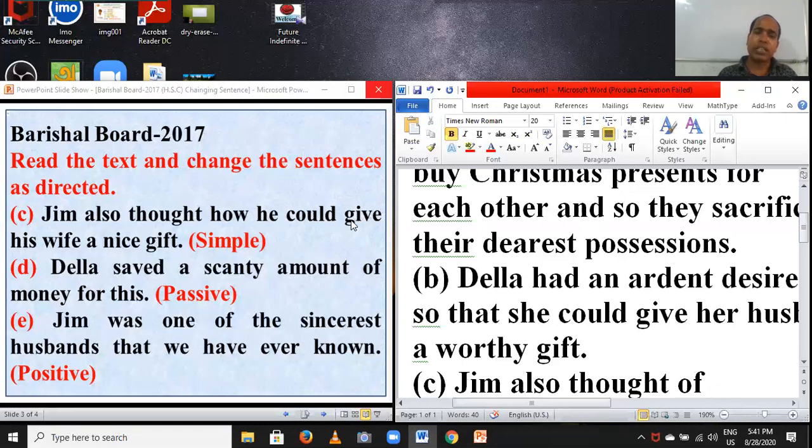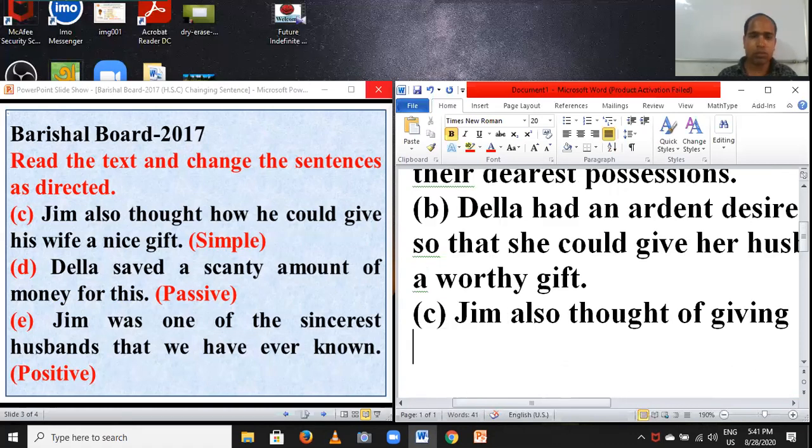Then write the next part of this sentence: "his wife a nice gift".